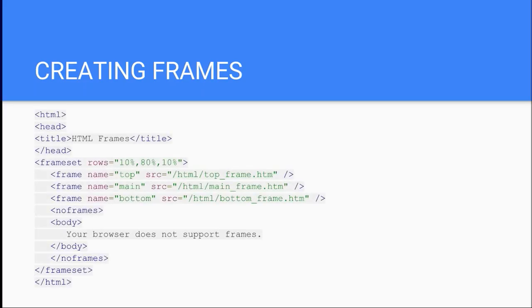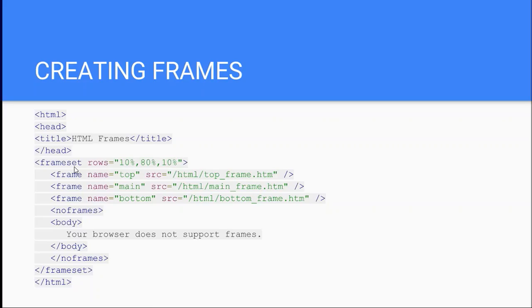See an example here. To use frames on a page, we use the frameset tag, I mean this one, the frameset tag instead of the body tag. The frameset tag defines how to divide the window into frames.